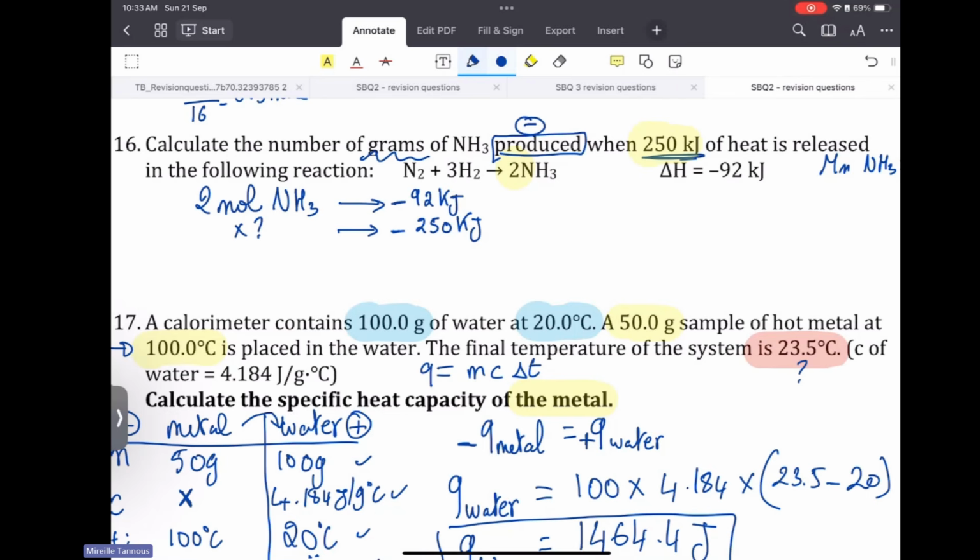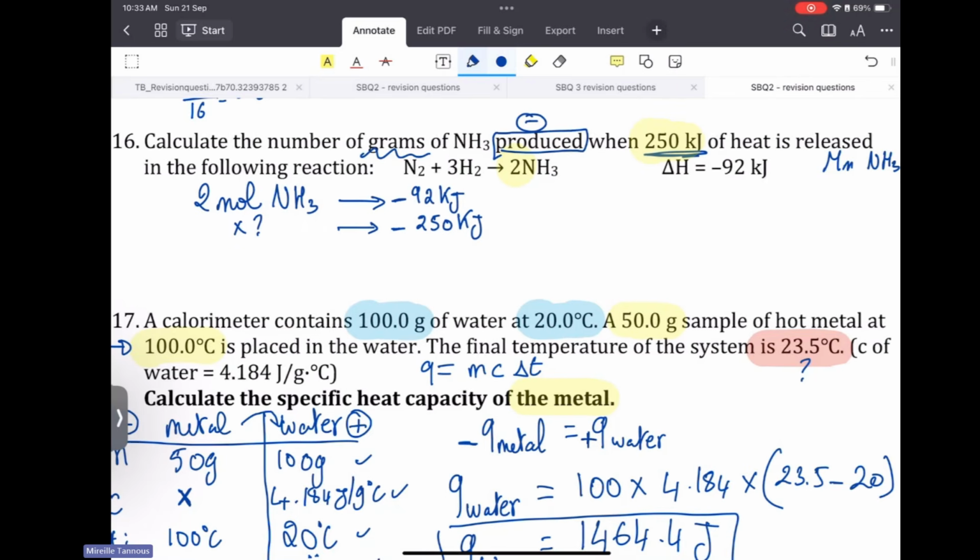So this is a cross multiplication. So the number of moles of ammonia that releases 250 kilojoule would be negative 250 times 2 over negative 92. Sorry, not negative, 5.43 mole ammonia.